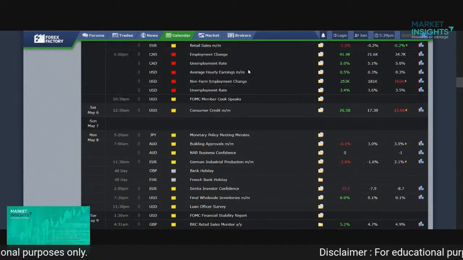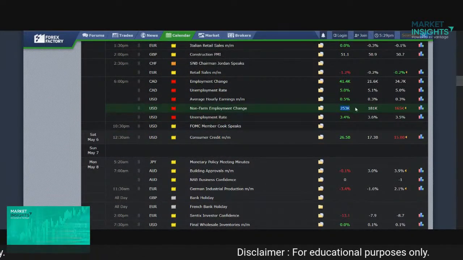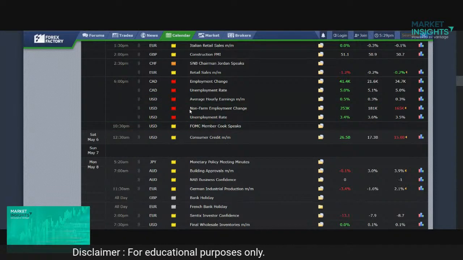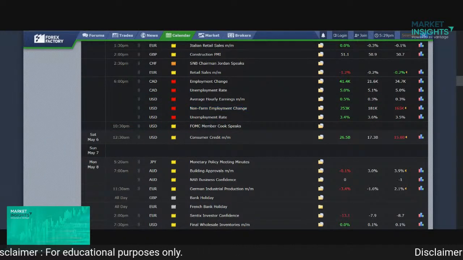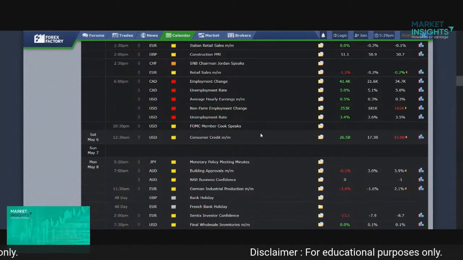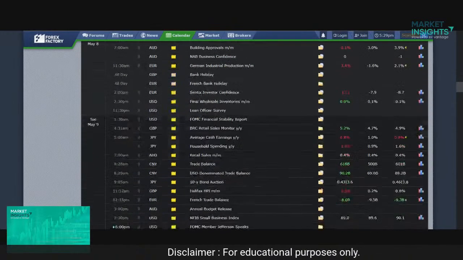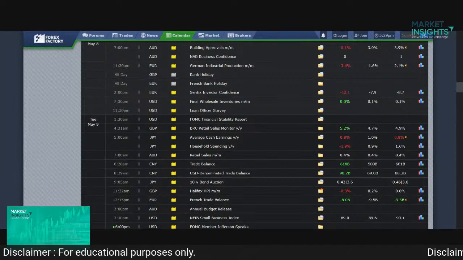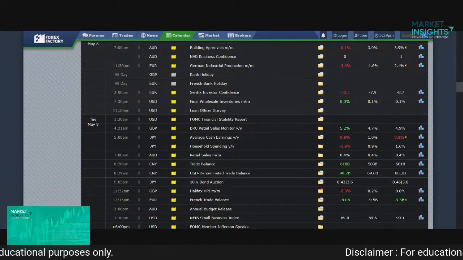So the non-farm employment change was almost 70,000 more, I would say, for the last month, and the unemployment rate was quite honestly very much lower than the expected 3.6%. It is overall showing that the labor market is still strong.